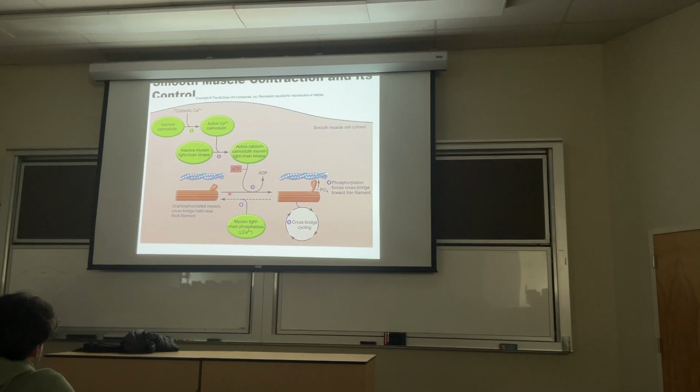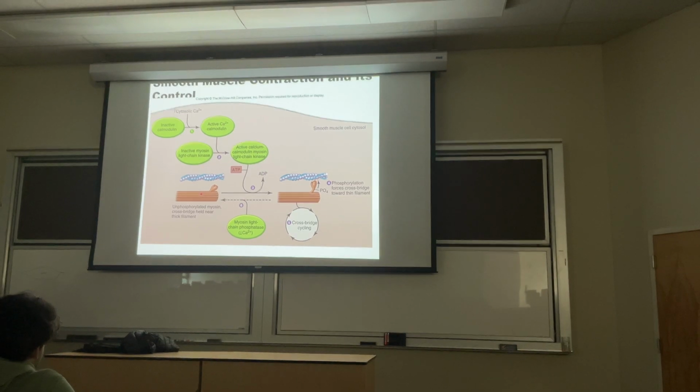That then causes the cross bridge of the myosin, once it gets phosphorylated, to bind to the actin. To unhook it, we dephosphorylate it, and we use myosin light chain phosphatase instead of a kinase, and that takes the phosphate off, and that takes the myosin head off, and so it disengages.